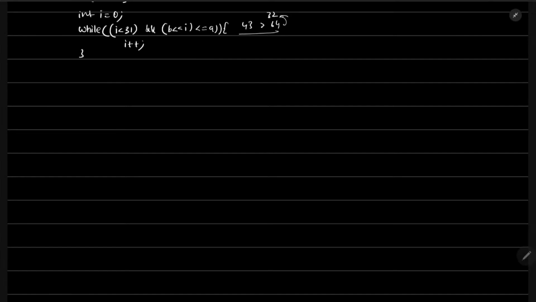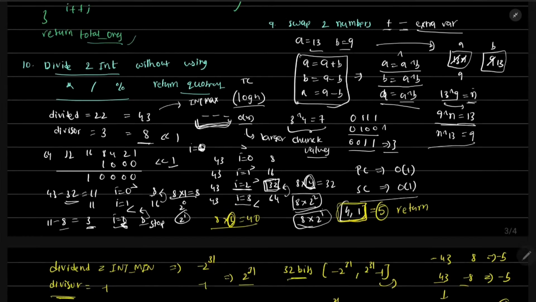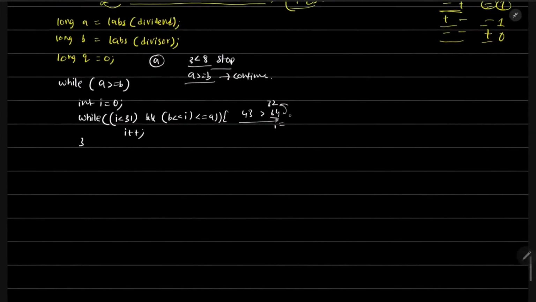So what we have to do? By the time we come here, i is 3. By the time we came here, but we need i equal to 2. So we do i minus minus here, and we subtract the shifted value of b, right? Like 43 minus 32, how we did it. This is what we are doing here, right? And we add the coefficient here, right?